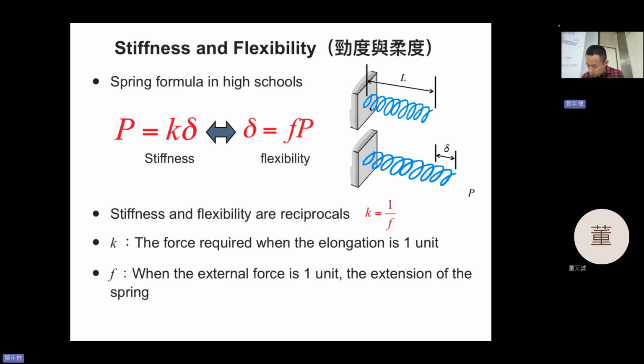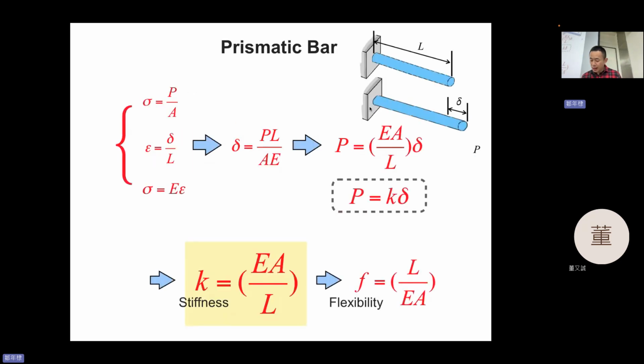Maybe I forgot to draw this force P here, but I guess you know that. So P equal to K delta, and K equal to EA divided by L, which means that K takes the material properties and geometry into account.